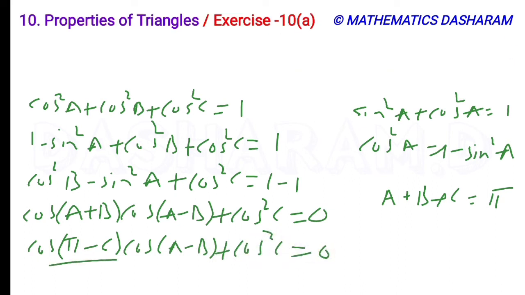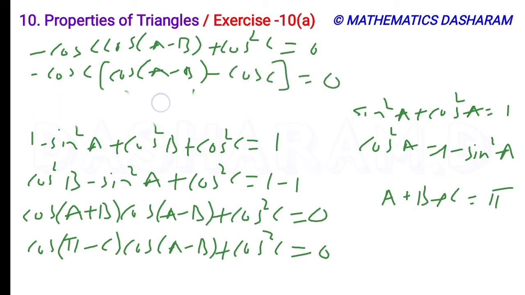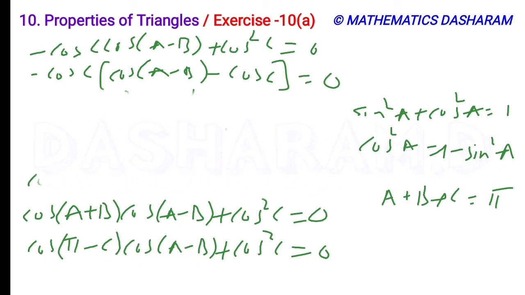Cos 180 minus theta is minus cos theta, so minus cos C into cos(A minus B) plus cos square C equals 0. Now take the minus cos C common. So cos(A minus B) plus, here minus C common means minus cos C, equals 0.